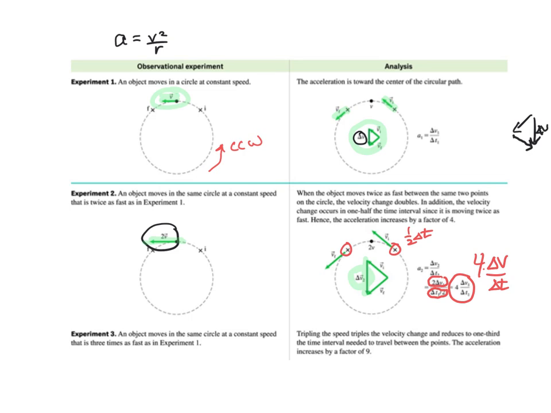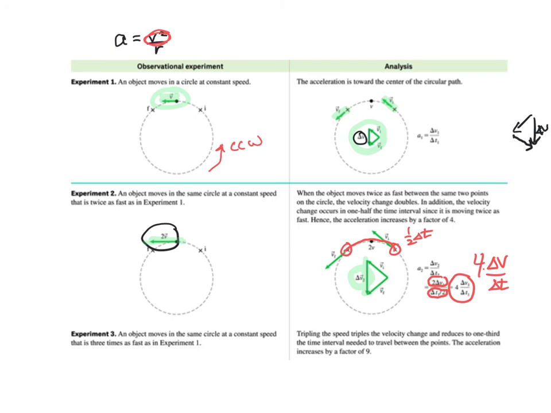So by doubling the velocity, you quadruple the acceleration because you've got the velocity vector getting longer and you're moving across that same arc length in half the time. So that's why you've got that v squared in the numerator in this equation for acceleration.